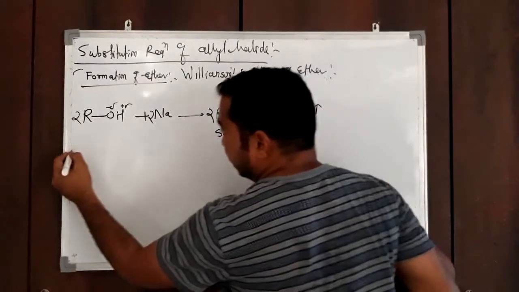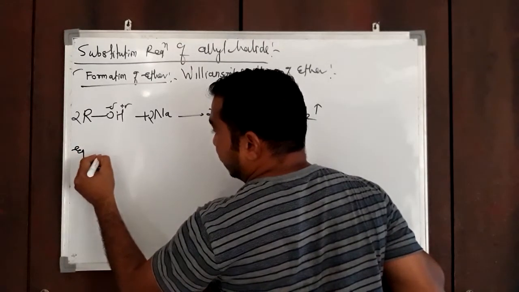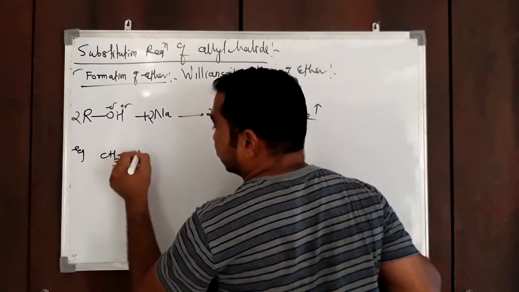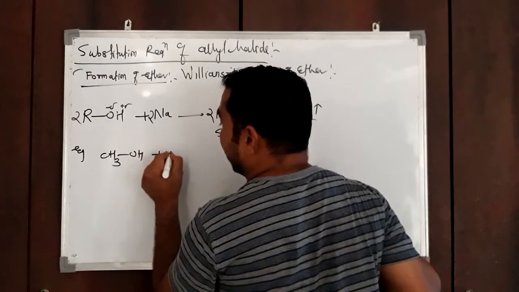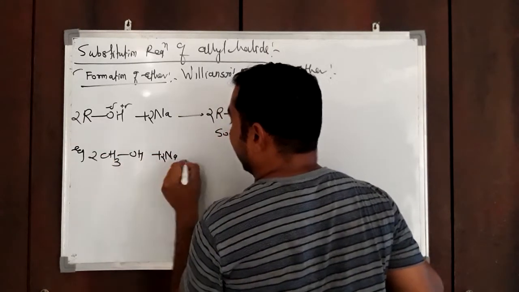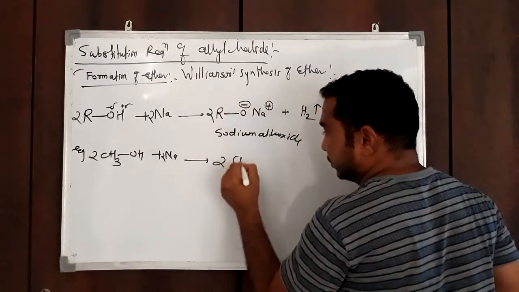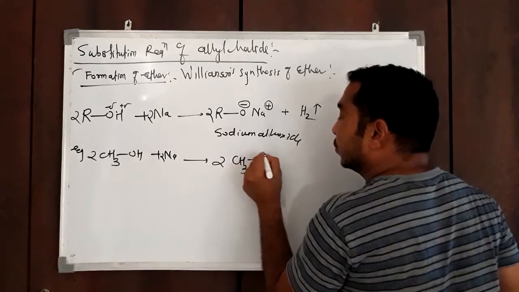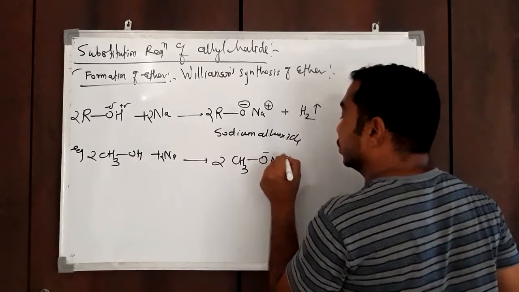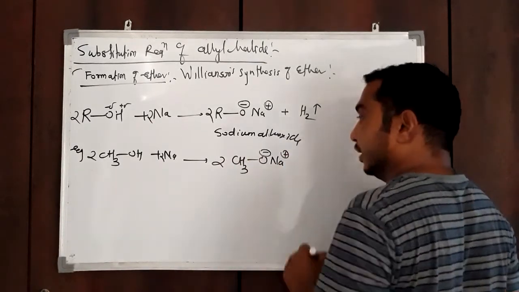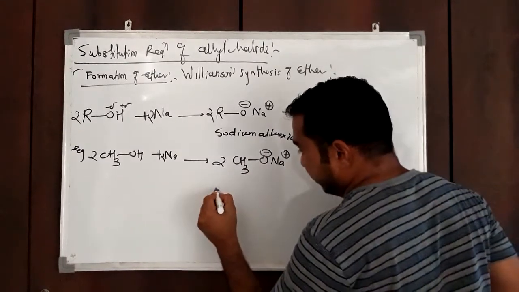Now for example, methyl alcohol plus sodium, then what? Same reaction, CH3O minus Na plus salt. So the name of the compound is sodium methoxide.